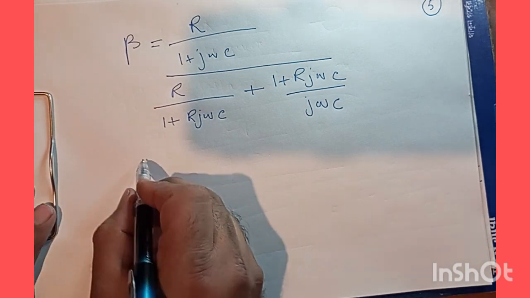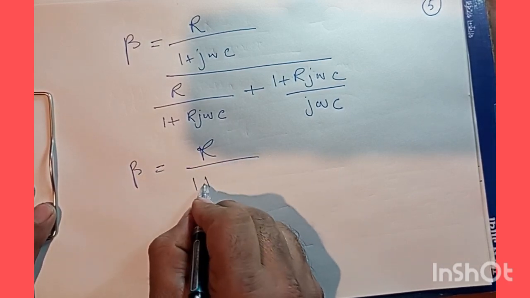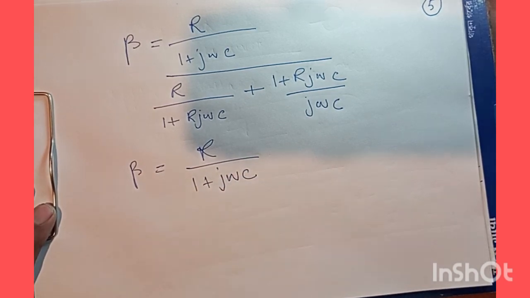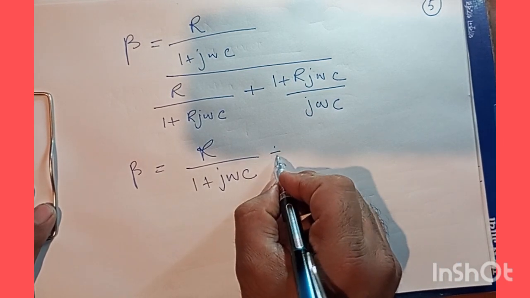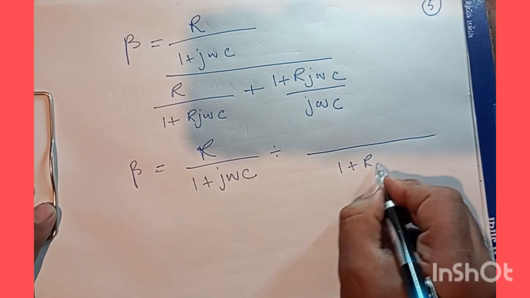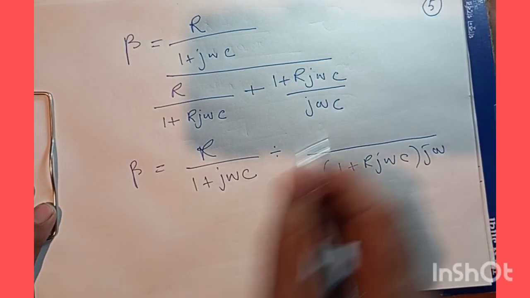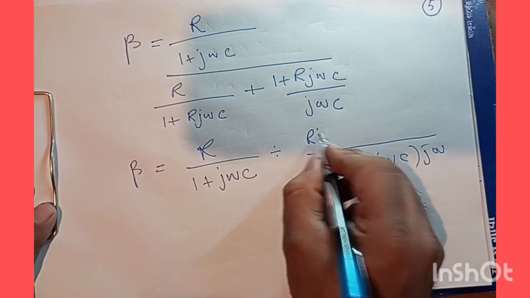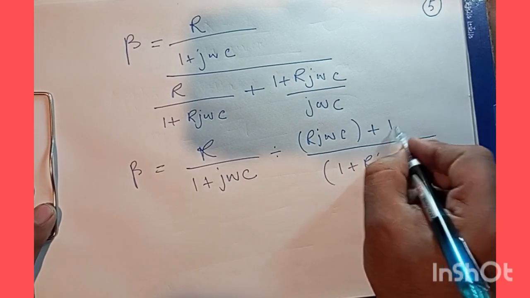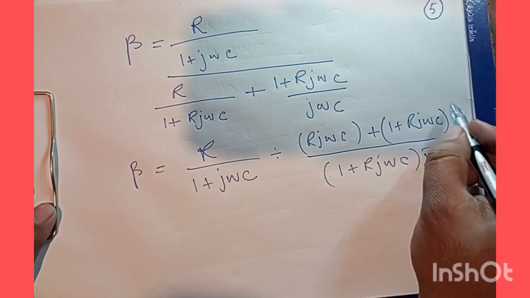What we're going to get is beta equal to R by 1 plus j omega C, divided by 1 plus R j omega C times j omega, so here we will have R j omega C, and we multiply this with, this is plus 1 plus R j omega C whole squared.